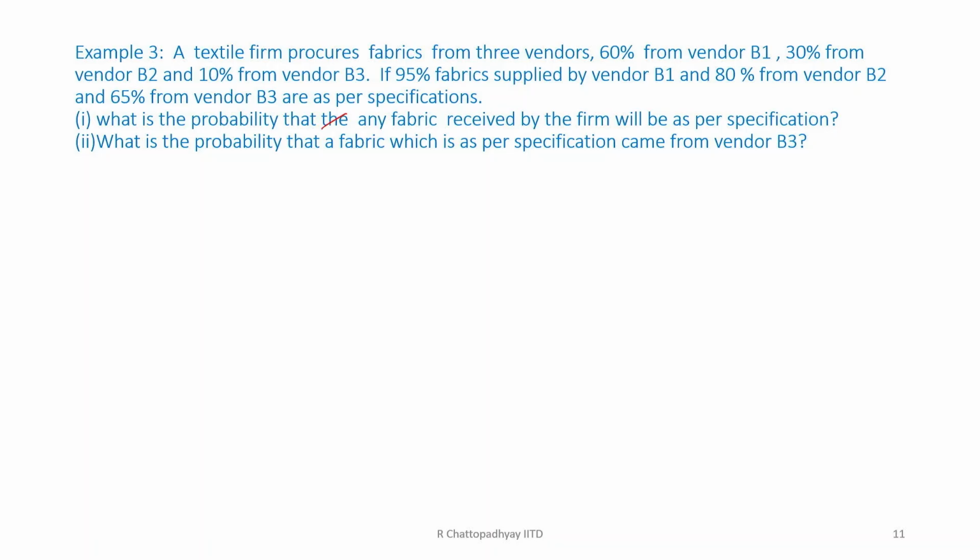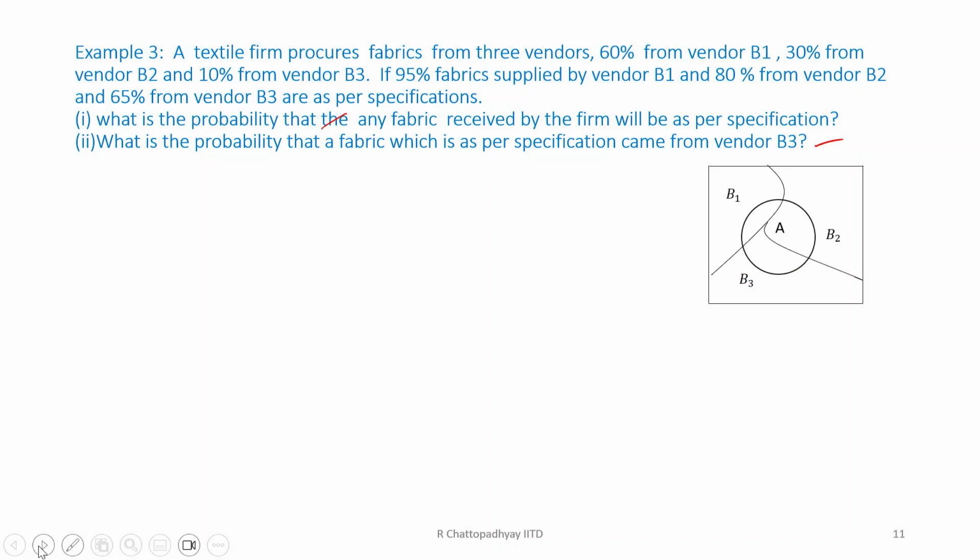And secondly, what is the probability that a fabric which is as per specifications came from vendor B3? So we want to solve this particular problem. There are two questions which have been raised, and we have to find the answer.